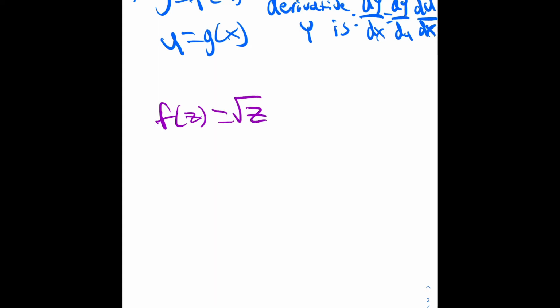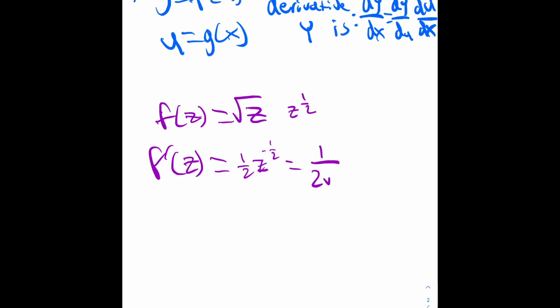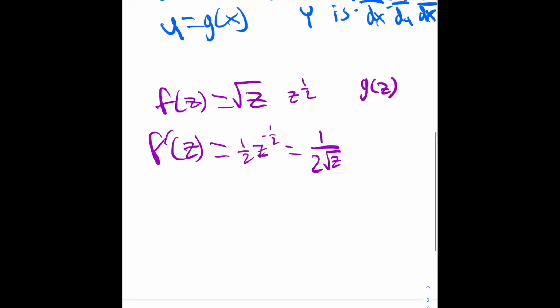If I look at the square root of z, I know that if I turn this into z to the 1/2, the derivative is 1/2 z to the negative 1/2, which is 1 over 2 square root z. And if I look at my other part, g of z, which was 5z minus 8, the derivative is just 5.